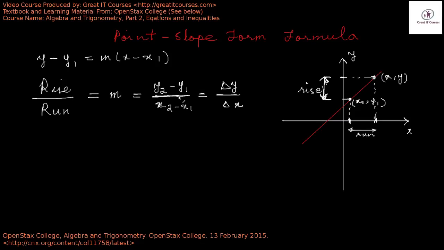Now in this specific case, I have x1, y1, and I have x and y. I've called this x and y because I meant a general case, because I didn't know what the value of that was.